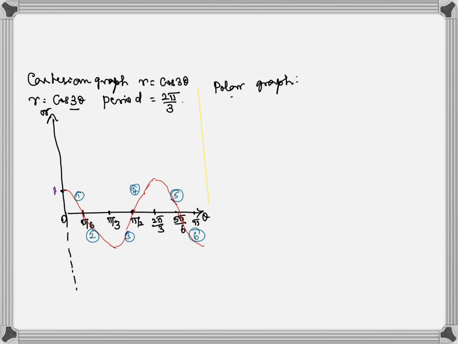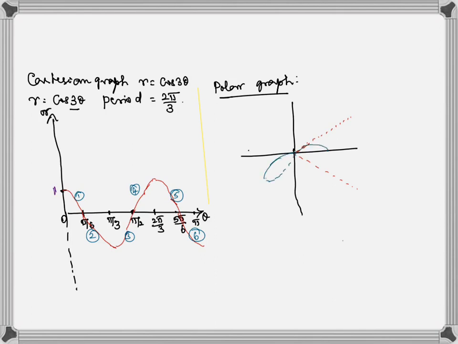So these are some of the ideas that we are going to use in graphing the polar graph of the function. In the polar graph, we have to see the branch between negative pi by 6 and pi by 6, and we get the graph.